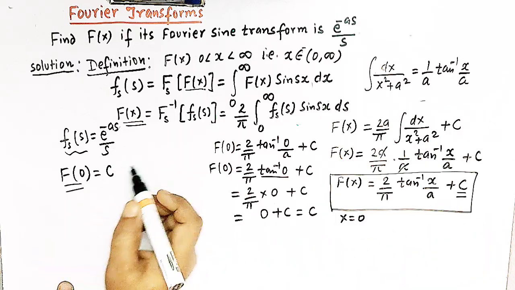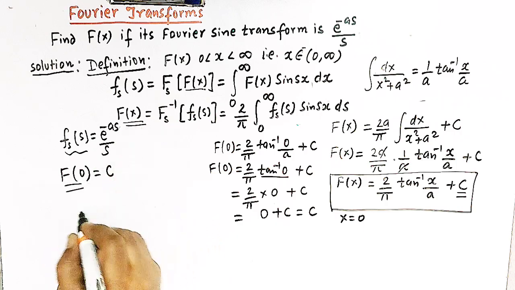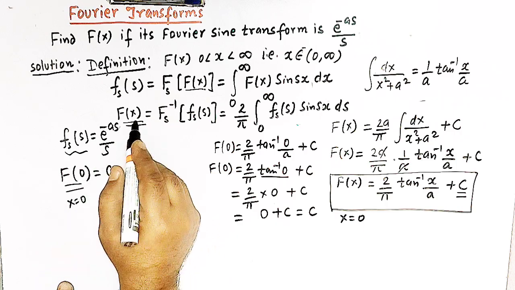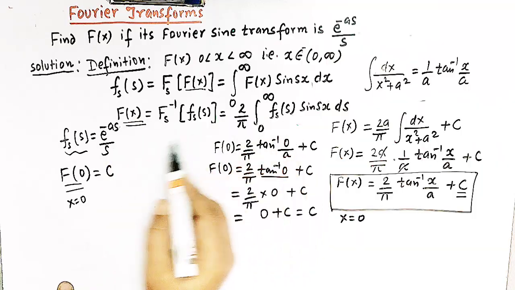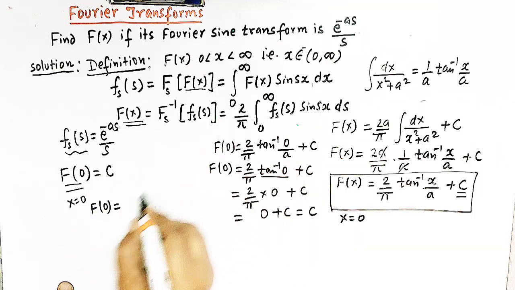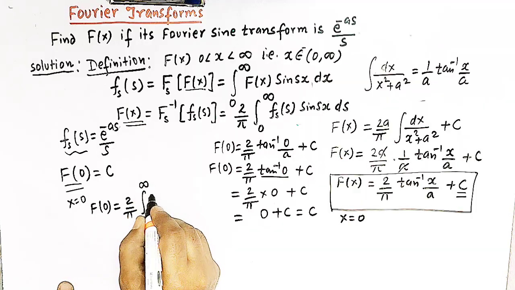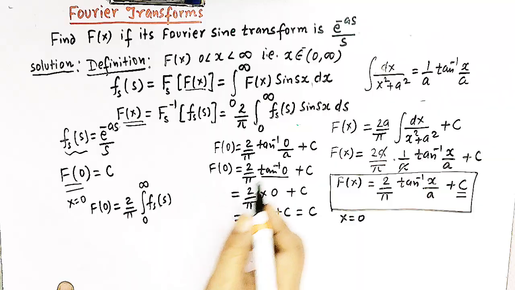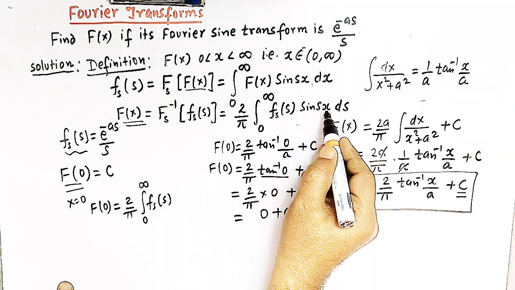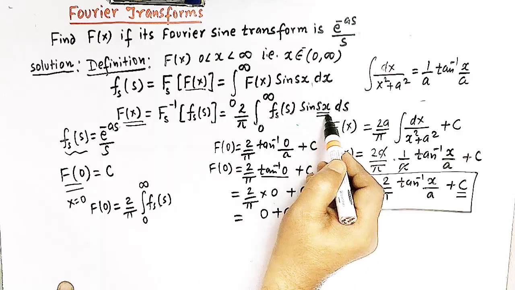Now to get the value of f of 0, let us substitute x is equal to 0 in this expression. So here we have f of 0, and we have 2 over pi, 0 to infinity, and we have here sine s times x. So when we take x is equal to 0, then this term is 0.